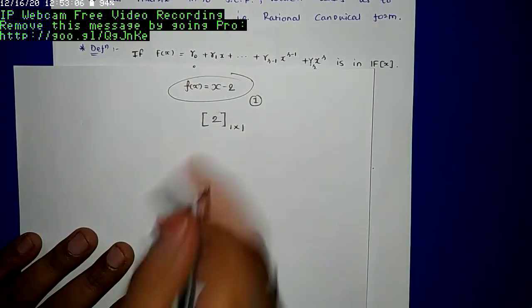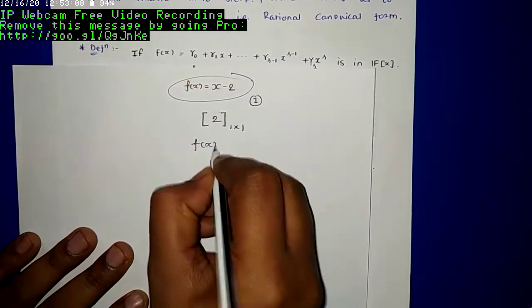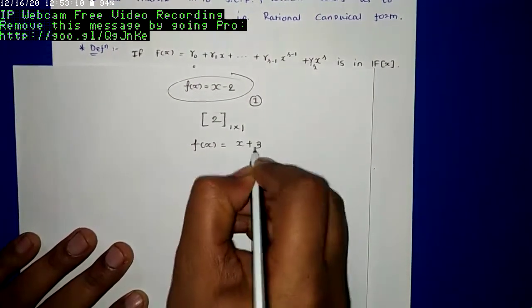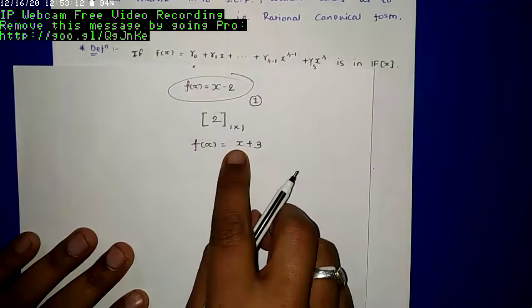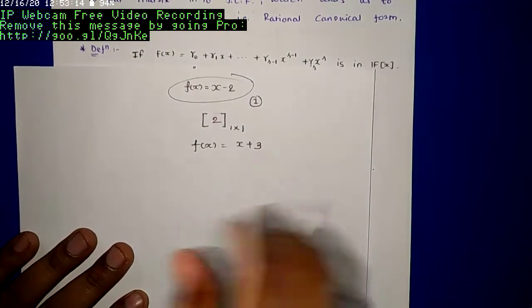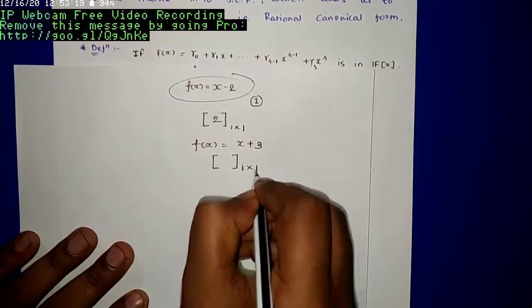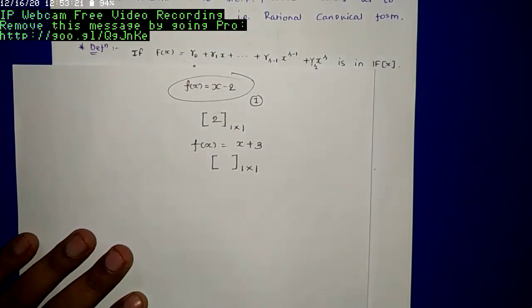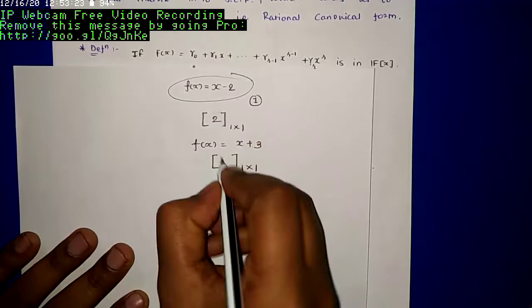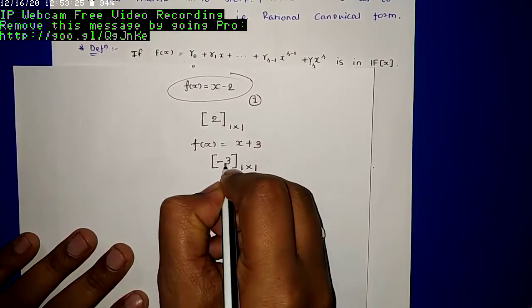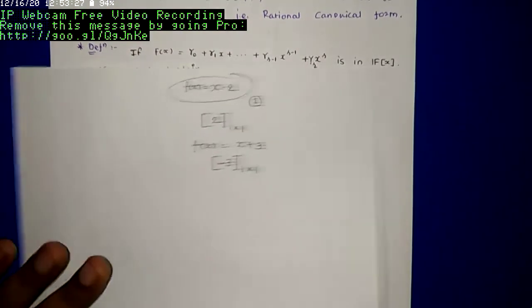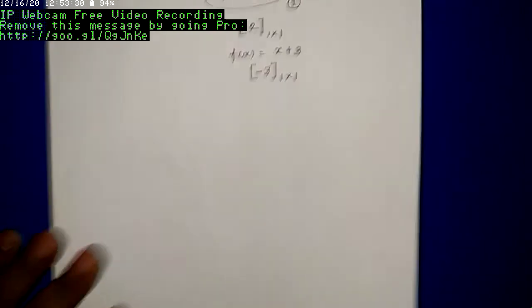If you have this as your new polynomial, here also the degree of the polynomial is 1, so we get a matrix which is 1 cross 1. And what is the companion matrix for this? Minus 3.